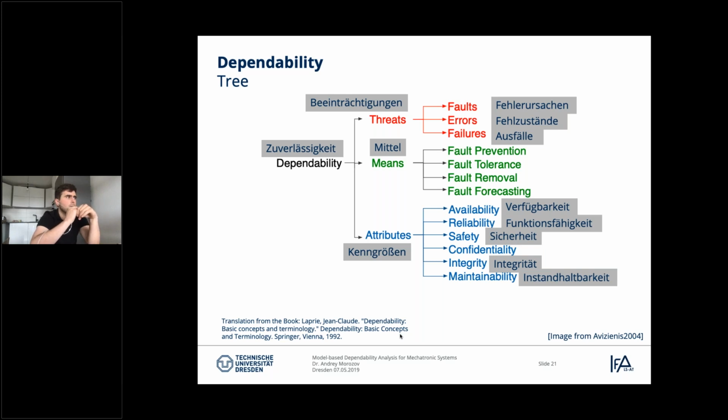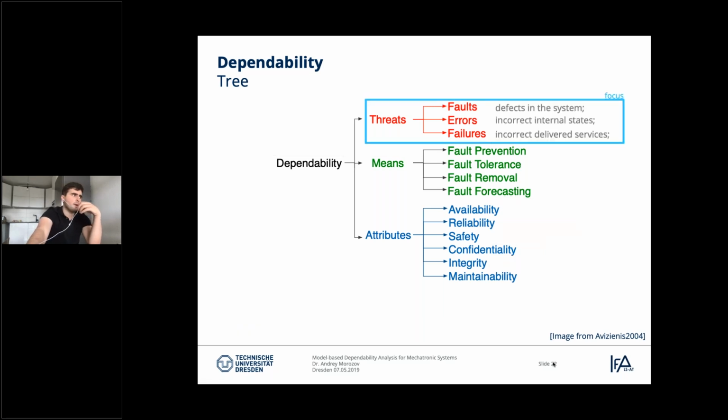For example, in common German, we would call everything Fehler. But here fault is Fehlerursache, errors is Fehlerzustände, and failures is Ausfälle, and things like this. But English terms are well accepted even in German companies, so we will continue with English terms.